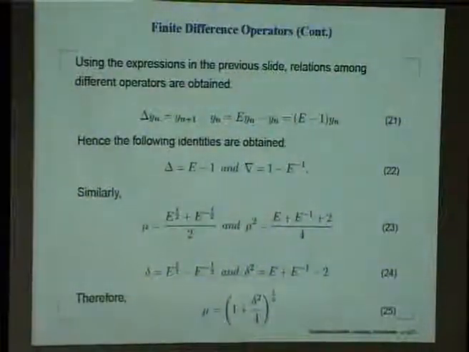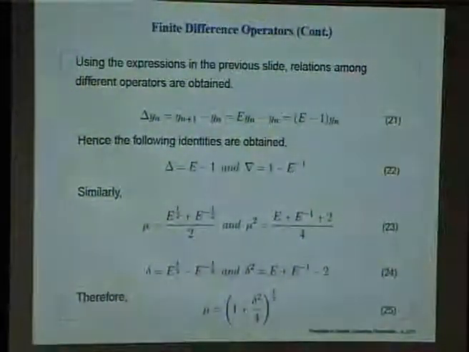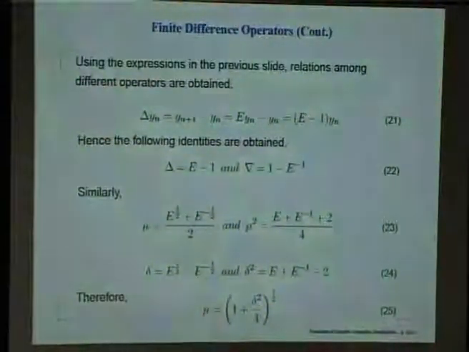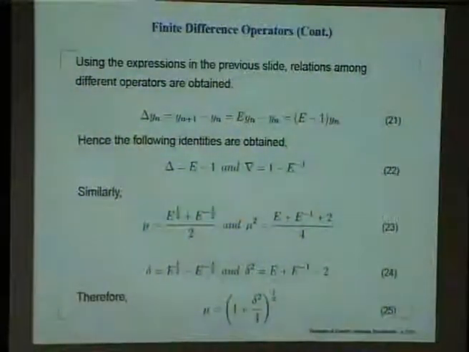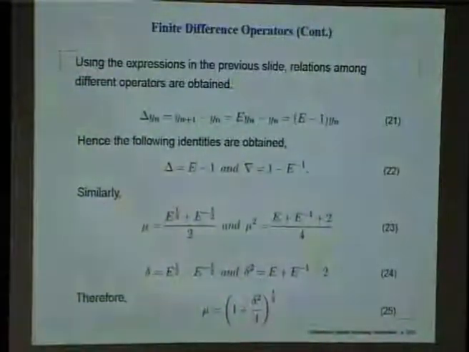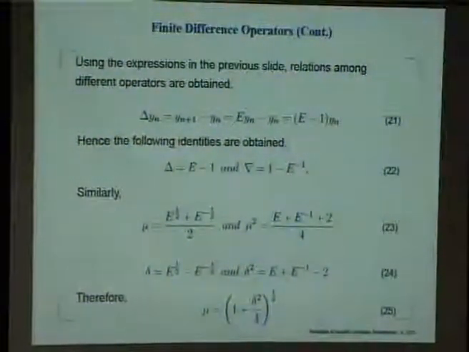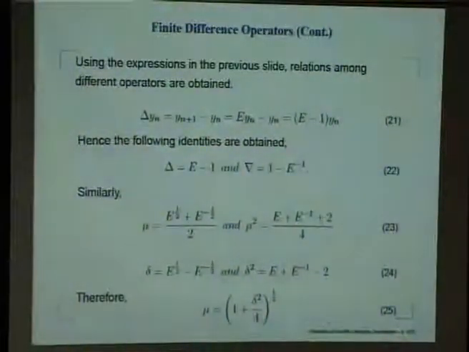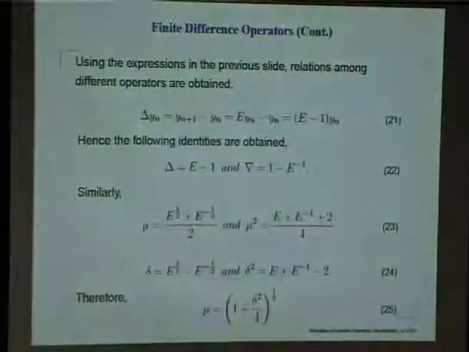We should get that. So, if delta square is this and mu square is this, you can relate mu and delta.